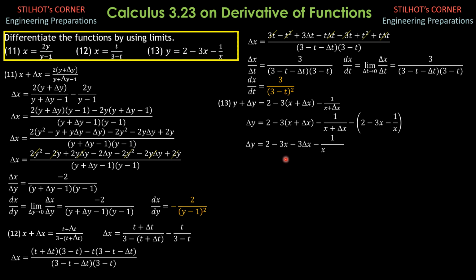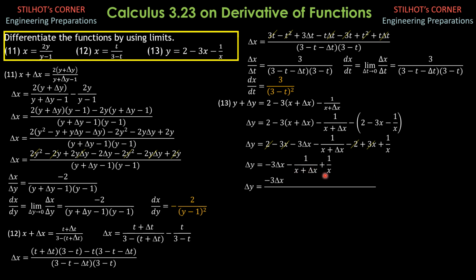Simplifying, delta y equals minus 3x minus 3 delta x minus 1 over x plus delta x minus 2 plus 3x plus 1 over x. So eliminate 2 and negative 2, negative 3x and 3x. And simplifying, delta y equals negative 3 delta x minus 1 over x plus delta x plus 1 over x.